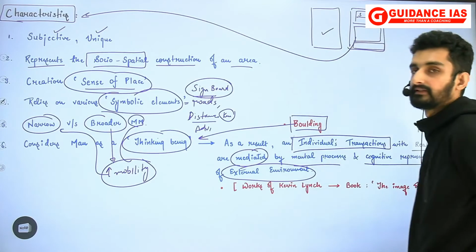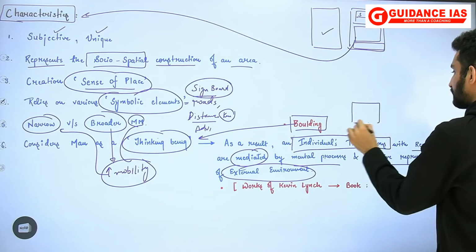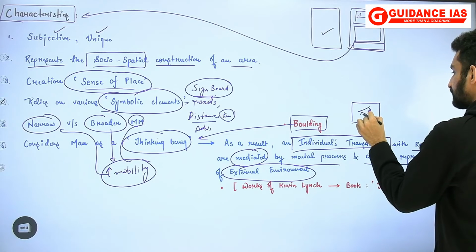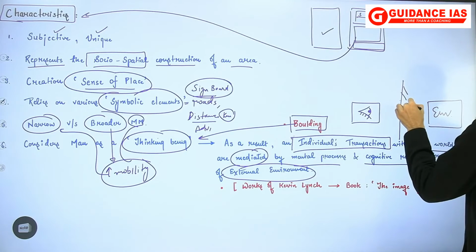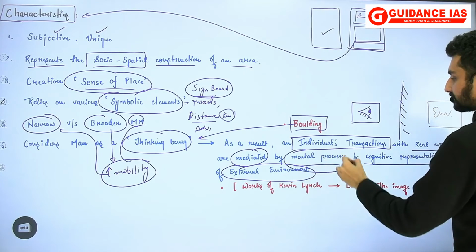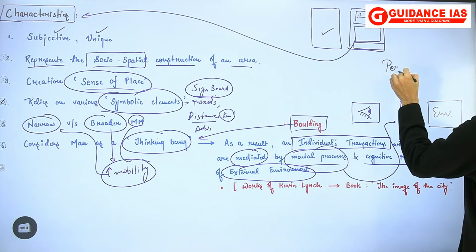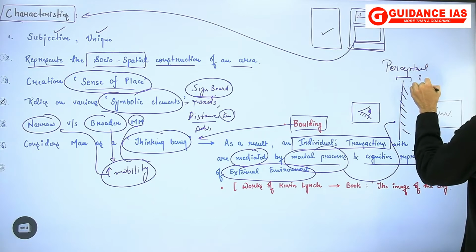I hope it is clear. So this is you, and this is the environment, and this is being mediated by the mental processes, and these mental processes are your perceptual filters. I hope it is clear.